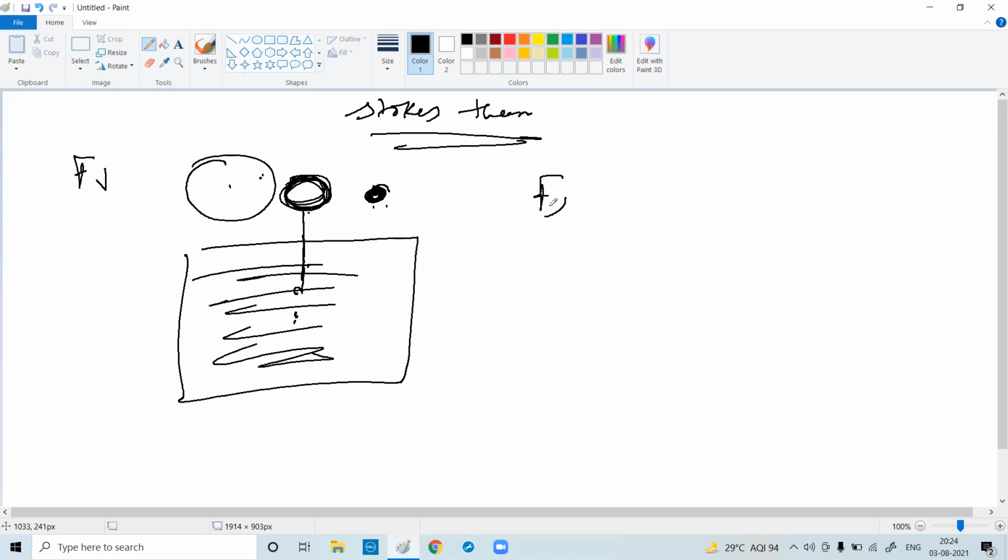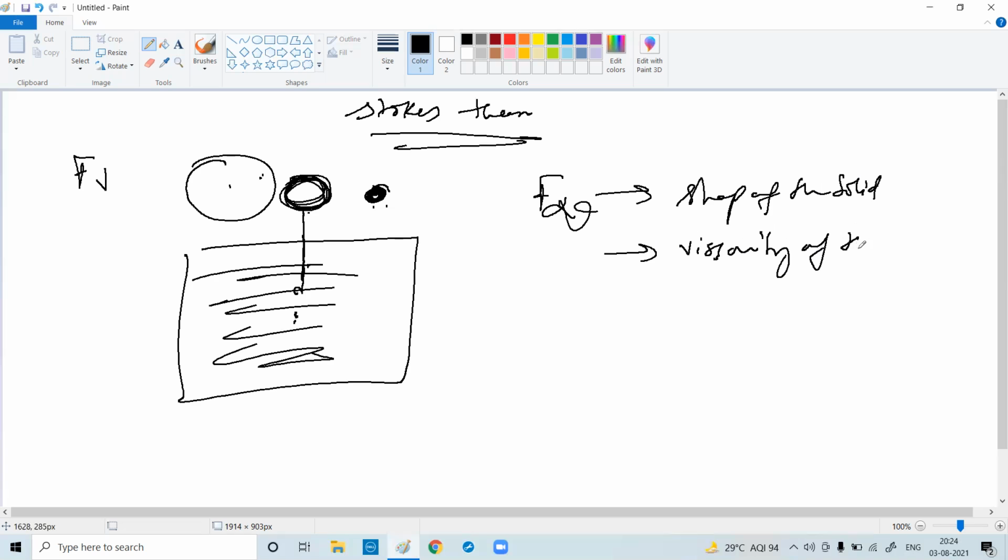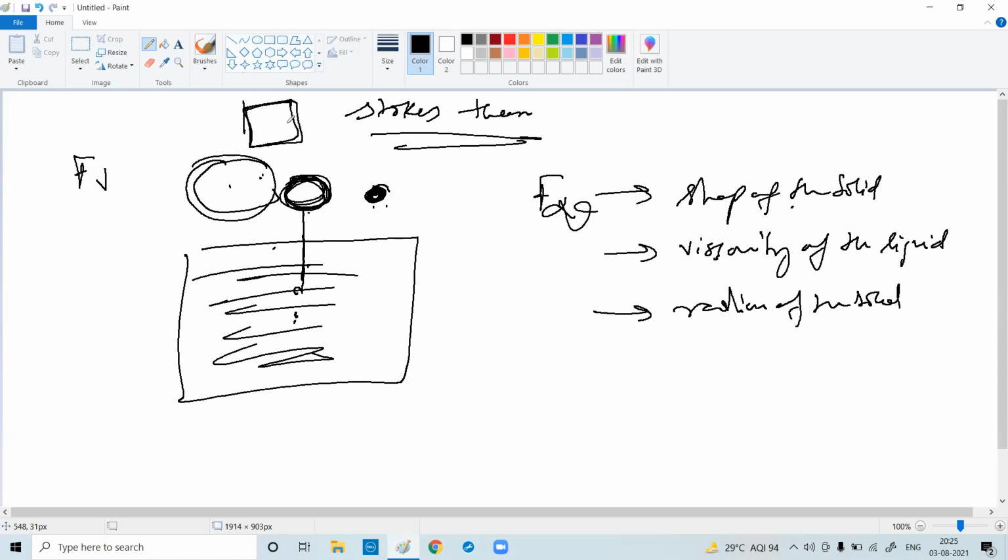So your viscous force will depend on multiple factors. One is the shape of the solid. Second, the viscosity of the liquid. For various liquids, honey will be different, and for water it will be different. Then the radius of the sphere. Shape of the solid, obviously, it can be a sphere or a square, it can be many things.